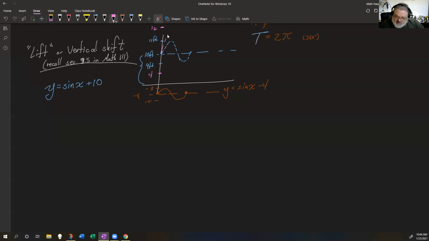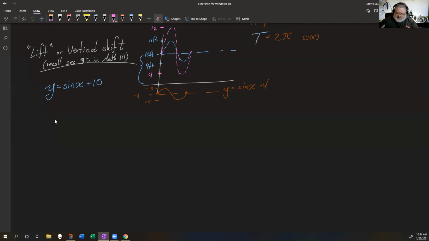So if we want it to stretch up further and go down lower, we need to change that amplitude. We need to change how high and how low those values are going. And that's actually also a fairly nice thing to do.